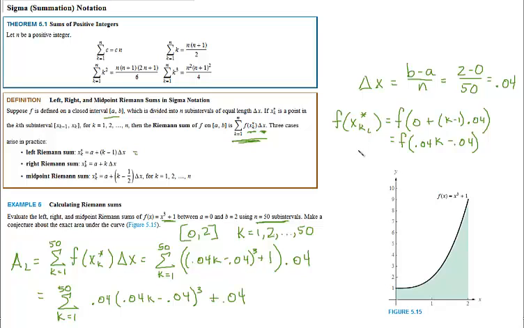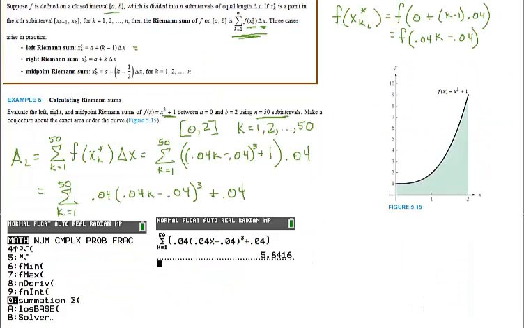Okay, now that's going to be easier to plug into my calculator. So I'm going to plug this into my calculator using my summation features, and I'll show you what I get and show you how to do it.